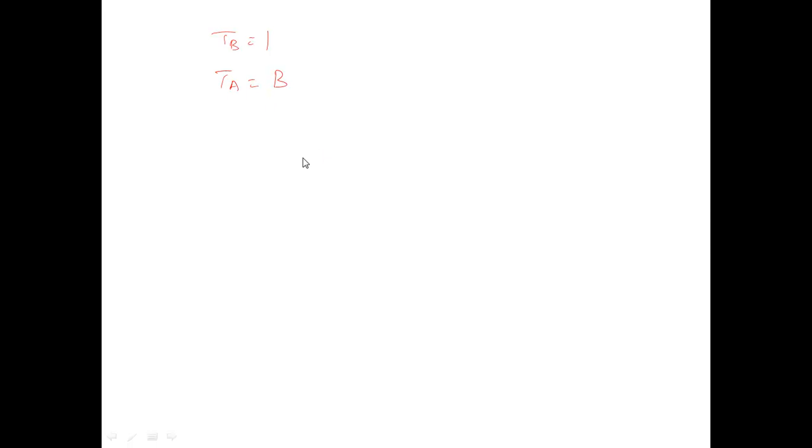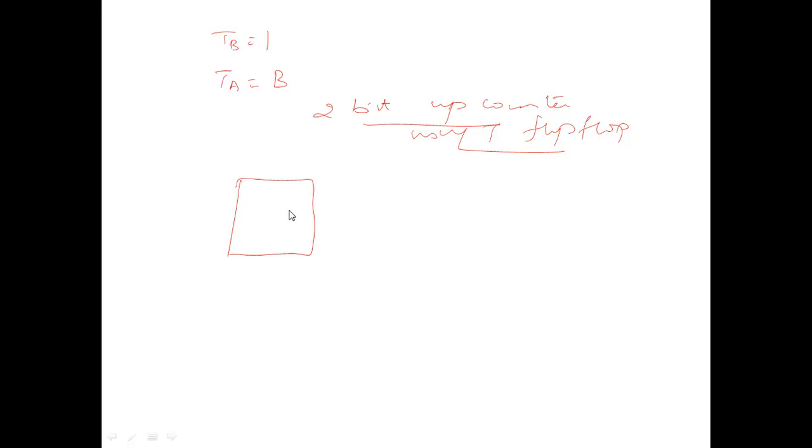Now you are ready to realize the counter, the up counter. So a 2-bit up counter using T flip-flop. Using T flip-flop, you are having two T flip-flops. The first T flip-flop, let me call it TB, with outputs B and B bar.